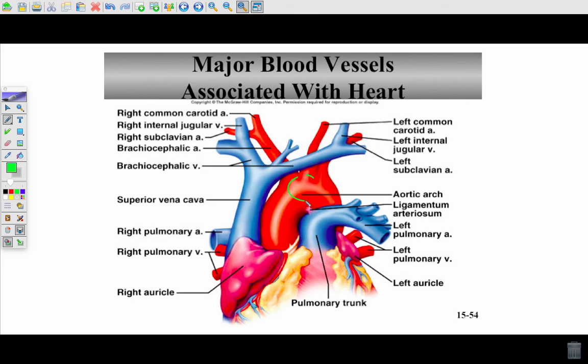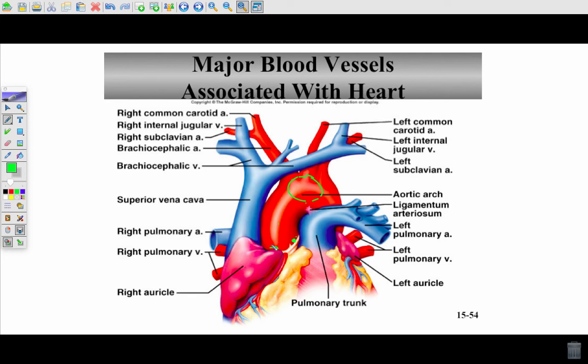Major blood vessels associated with the heart. Well, actually, hold on. I just want to point out a couple of things. Here's that aortic arch. There's the aorta. Remember that the first two places to get blood are the left and right coronary arteries.